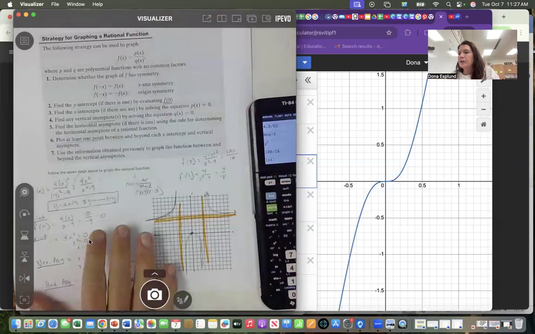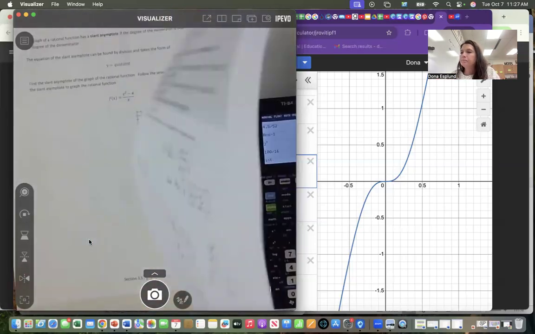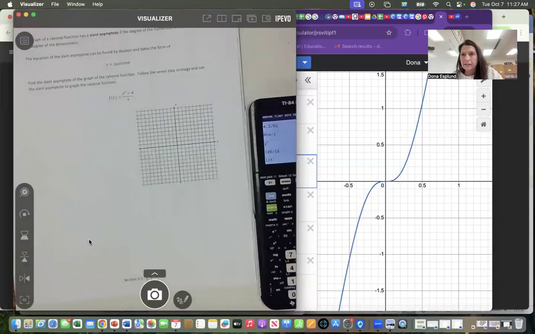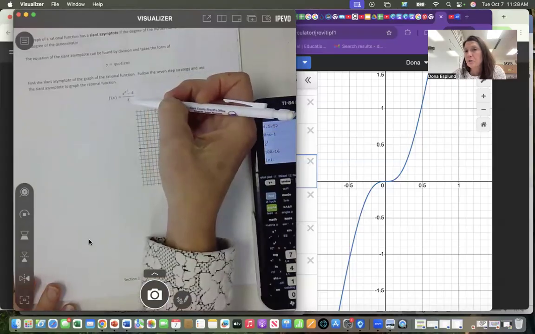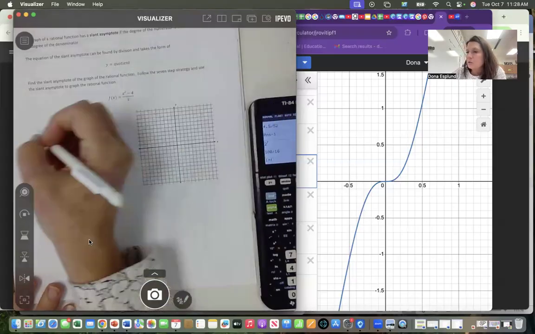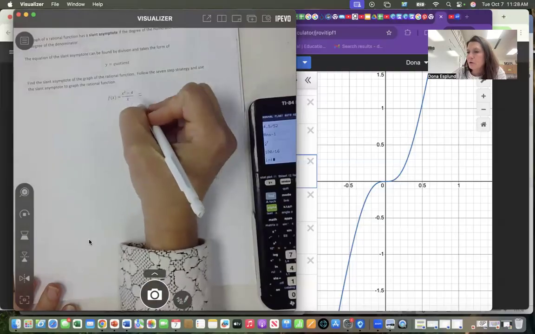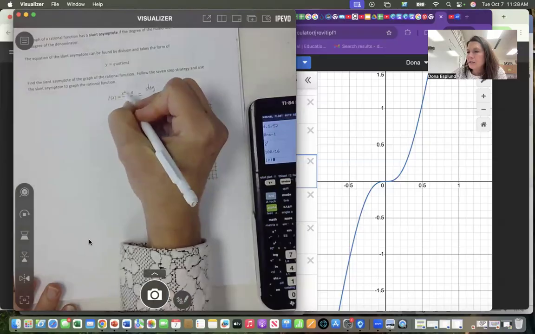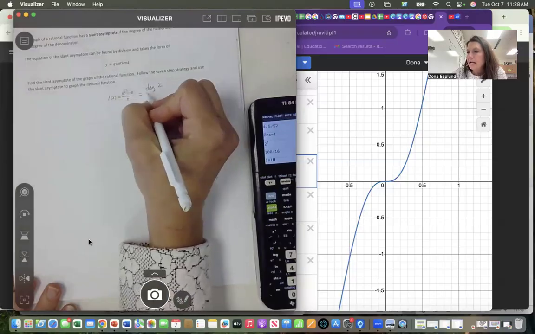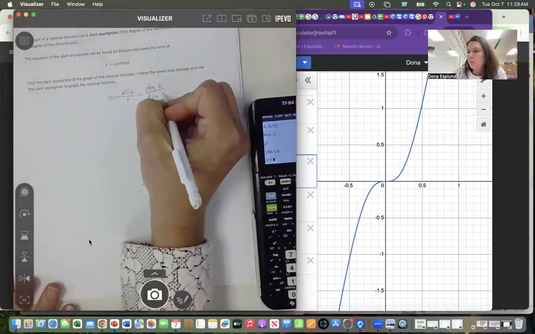The last thing we're going to talk about is slant asymptotes. And slant asymptotes are where the degree on the top is larger than the degree on the bottom. So notice this one is going to have a slant asymptote. I have a degree of 2 on top, and I have a degree of 1 on the bottom.